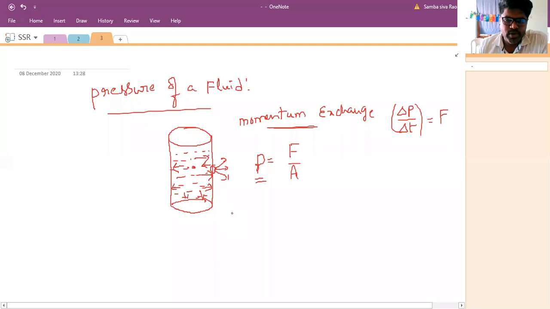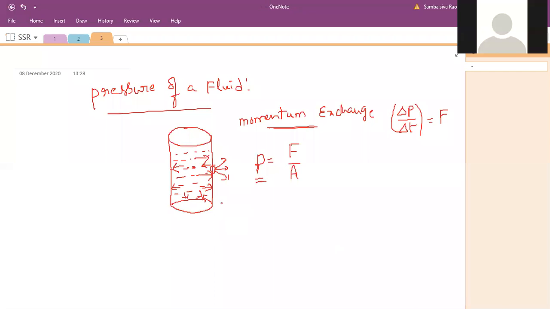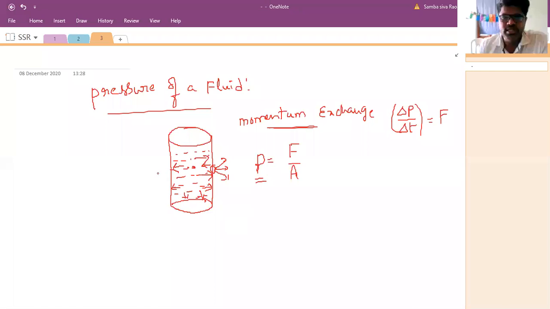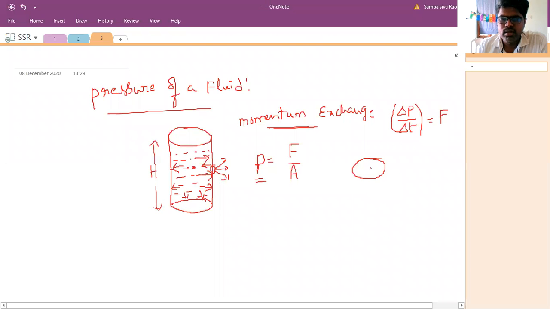So here is one important point. Will this pressure be the same at all levels of the liquid container, vertically and horizontally? Suppose this container height is, let us say, h. At one horizontal level, the pressure exerted by the liquid will be the same for all the surface of the container.